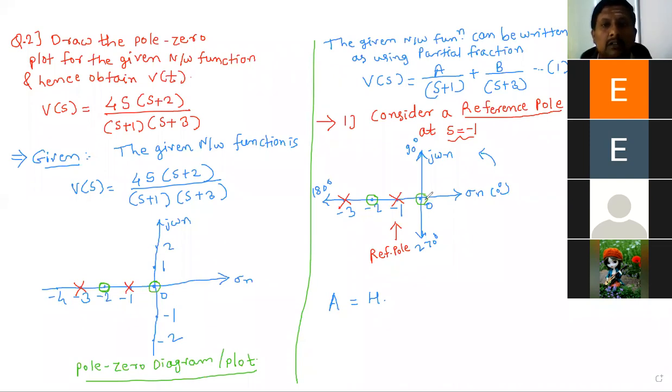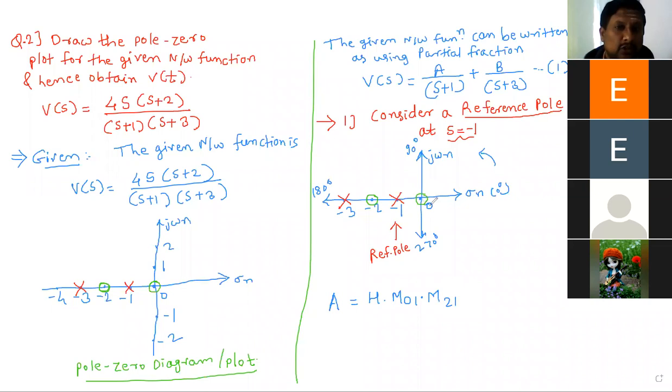Now in the numerator, the distances and angles of all the zeros with respect to the reference pole. That means whatever zeros are there, their distances up to the reference pole and their angles, you have to write in the numerator. H into m 0 to 1, next into m 2 to 1.